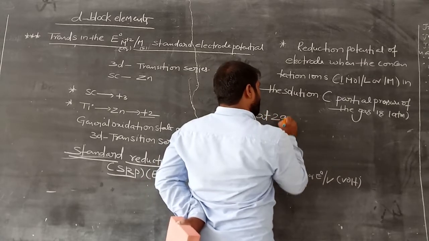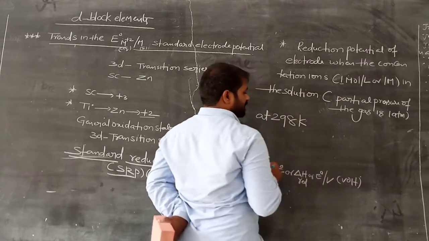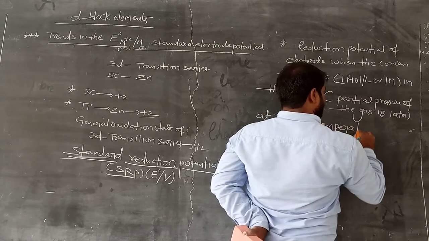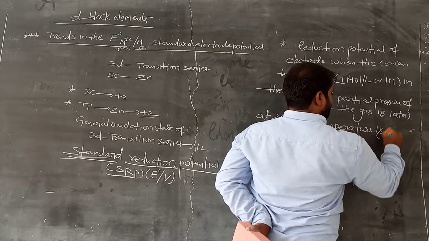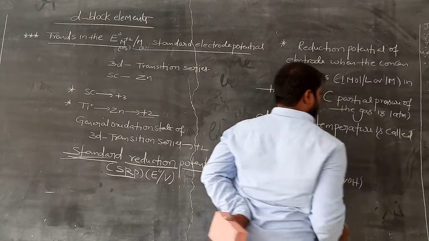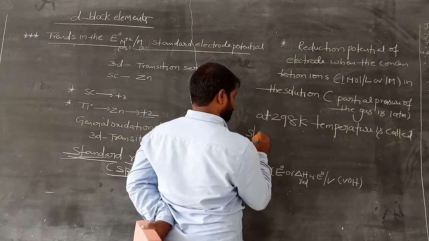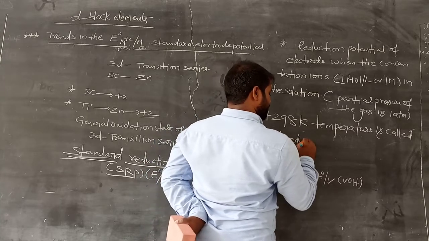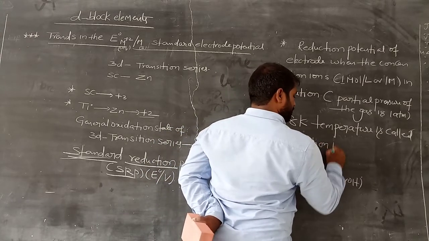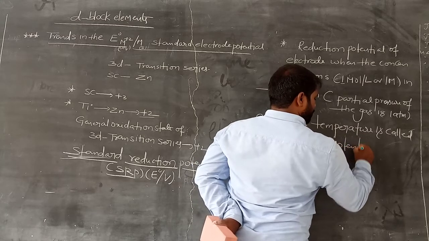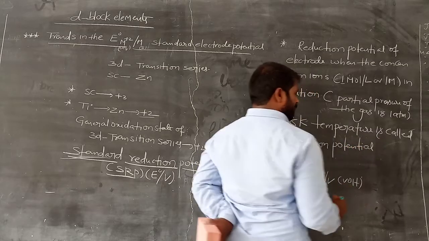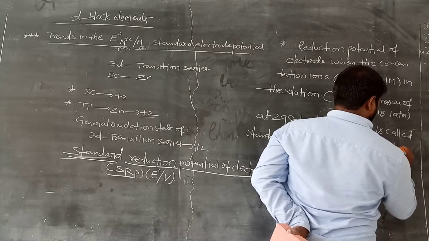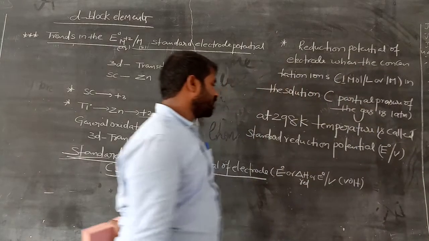At 298 Kelvin temperature is called standard reduction potential. Mention E naught in volt.